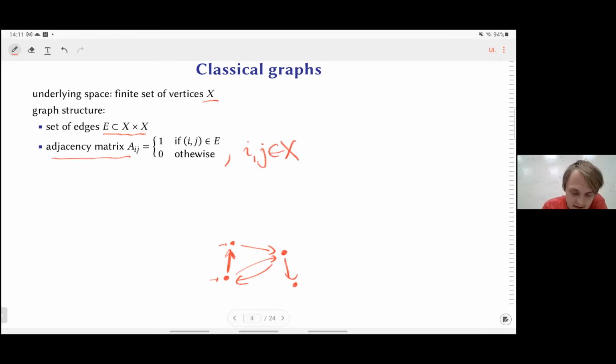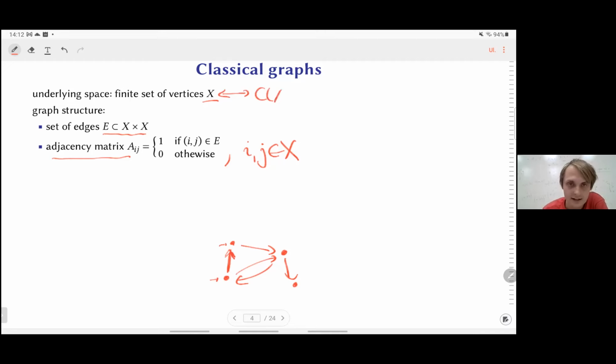Okay, and now we want to quantize this, so reformulate this in terms of those algebras and maybe drop the commutativity condition. For the first thing, it's pretty obvious what to do. A finite set is equivalently described by an algebra of functions over that space or set.